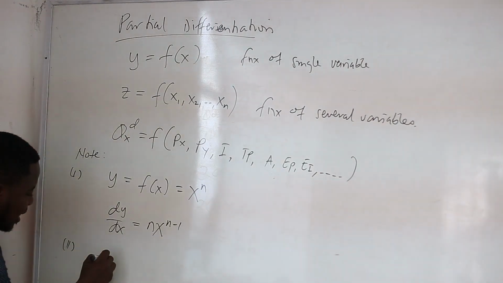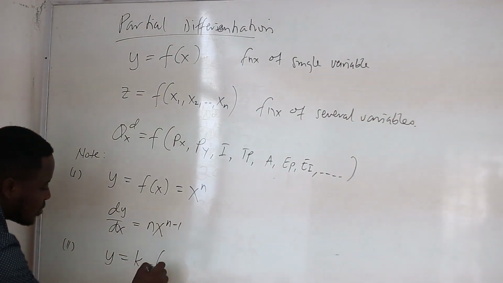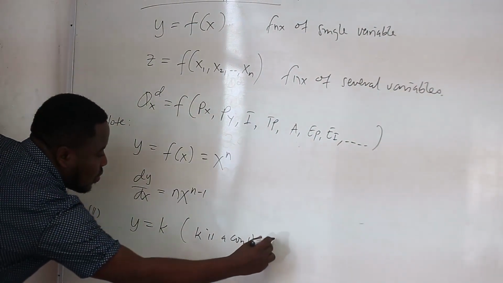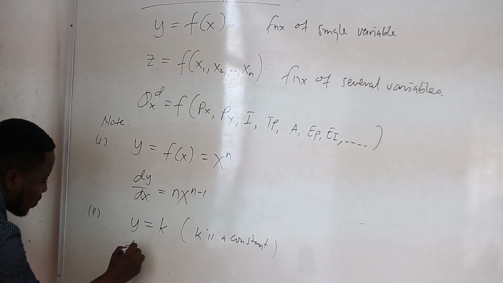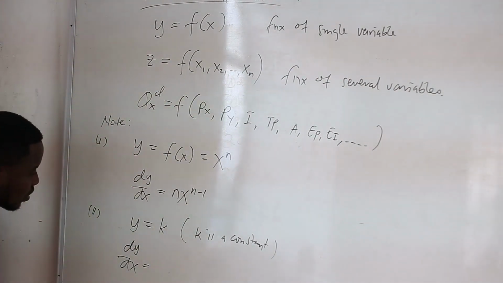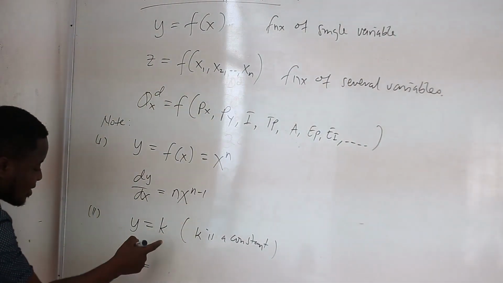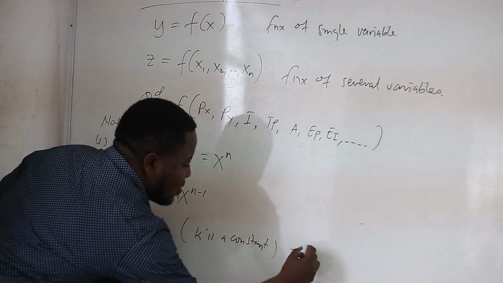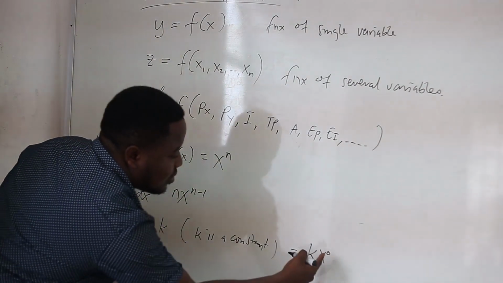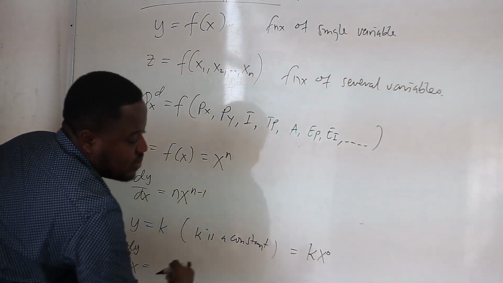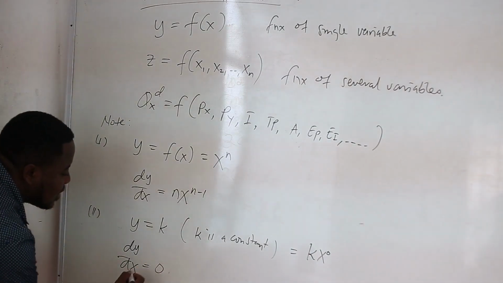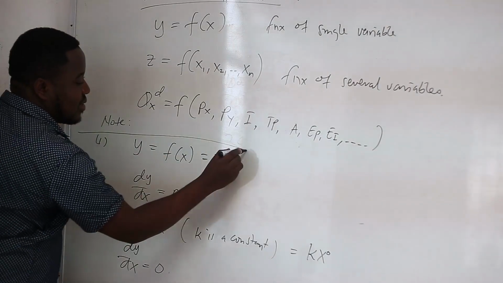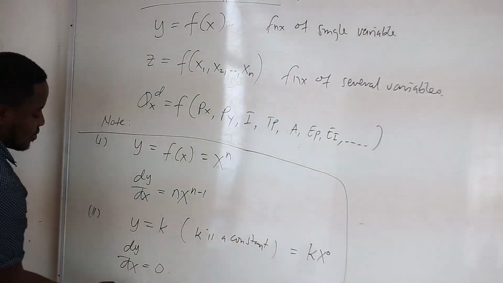So if y is equal to k, where k is a constant, I showed you that dy ds is equal to 0, since this doesn't depend on s. It's the same as y is k s to the power 0. So 0 comes down, then everything becomes 0. So if you differentiate a constant, you get 0. These are the two things we will apply in the calculus of several variables.